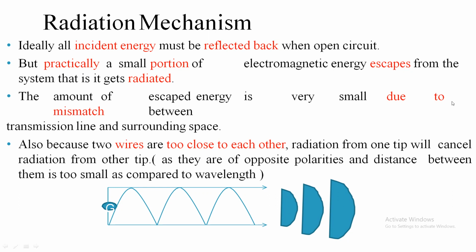And also a small portion of energy escapes from the system, right? The escaped energy is small due to mismatch between transmission lines and the surrounding space. That means there is no impedance matching. For this, there is a mismatch between transmission lines and the surrounding space.